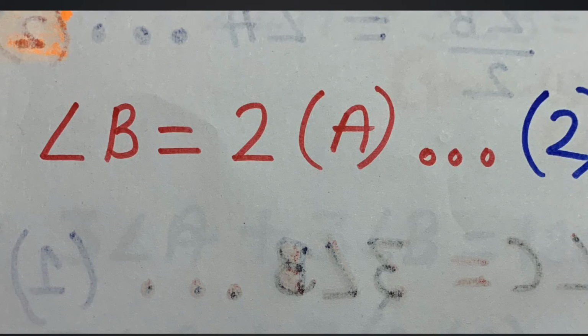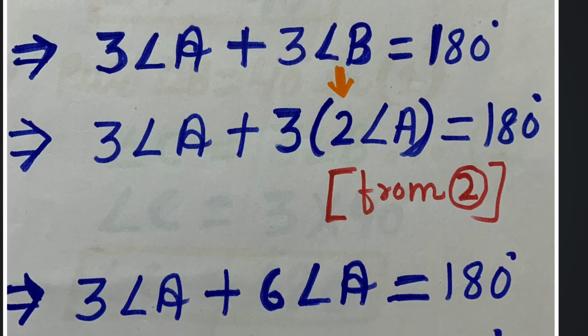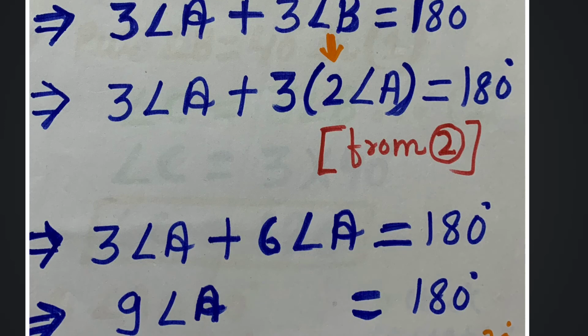We proved in equation number 2 angle B is equal to 2 angle A. So we will write 2 angle A in place of B, and 3 outside the bracket as it is, equal to 180 degrees. In the next step children, 3 angle A as it is plus 3 into 2 will be 6 angle A is equal to 180 degrees. Now 3 angle A plus 6 angle A will be 9 angle A is equal to 180 degrees.